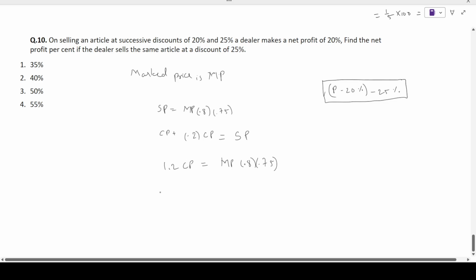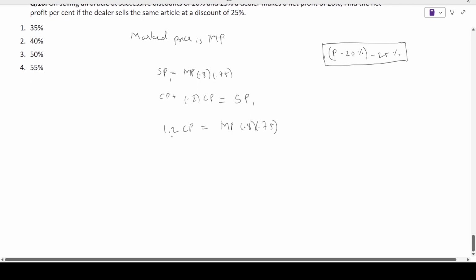Now to find the net profit percent, we have to find the selling price here. Basically, if the dealer sells the same article at a discount of 25%, this is SP2, selling price 2.